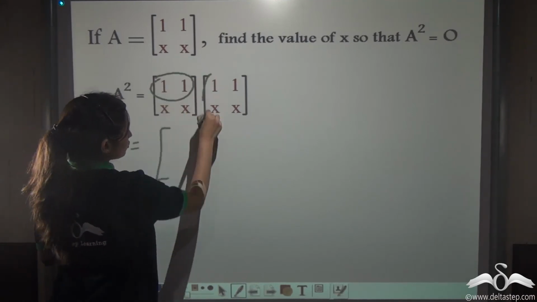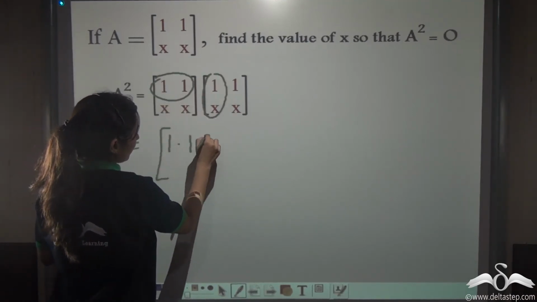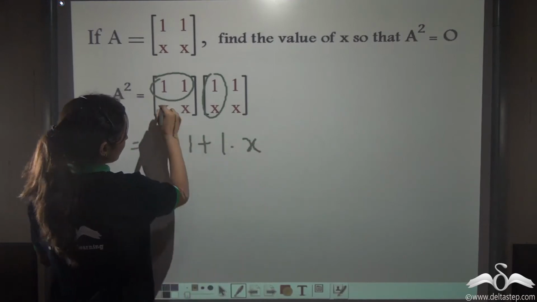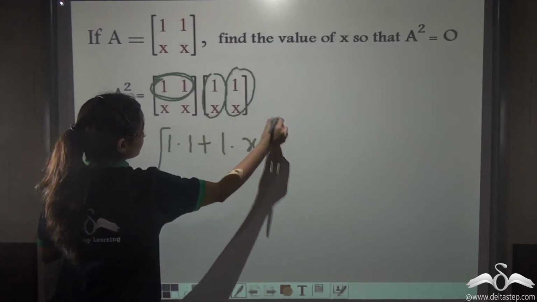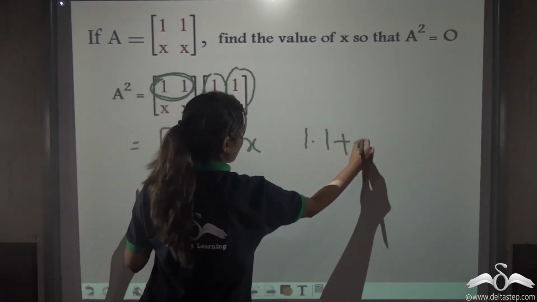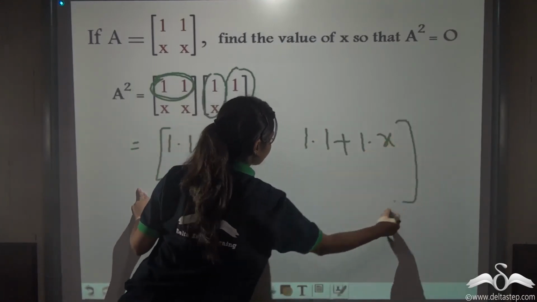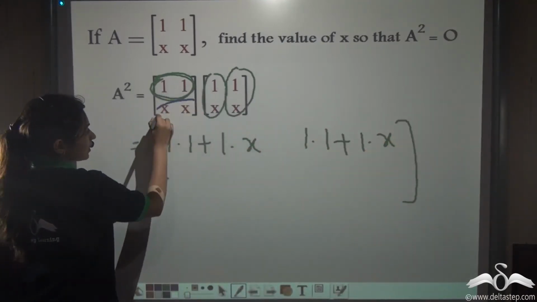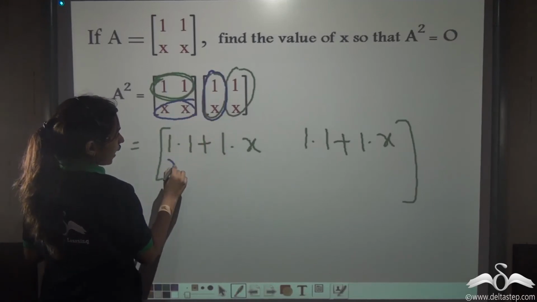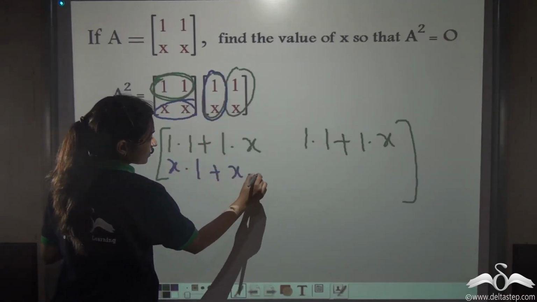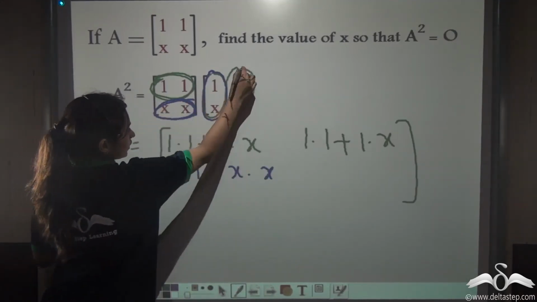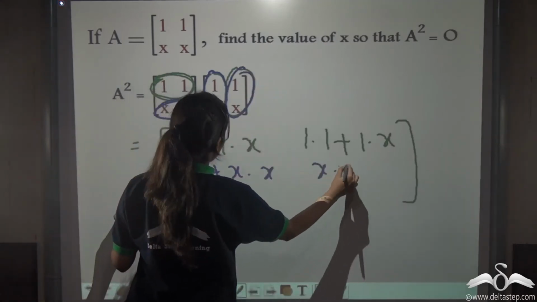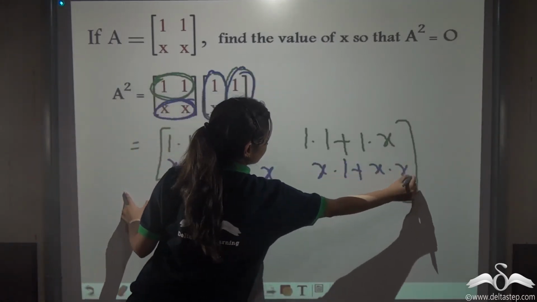First, this row into this column. So 1 into 1 plus 1 into x. Then this row again with the second column. So 1 into 1 plus 1 into x. Then second row into first column. So x into 1 plus x into x. Then again the second row with the second column. x into 1 plus x into x.